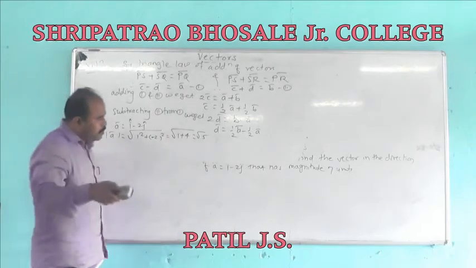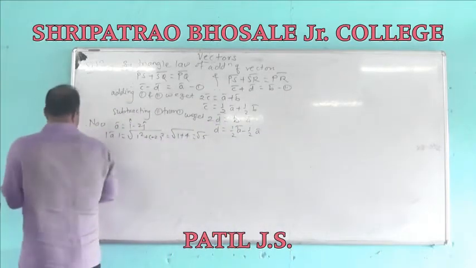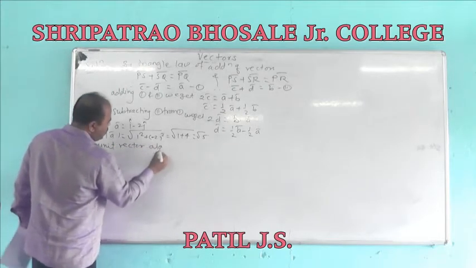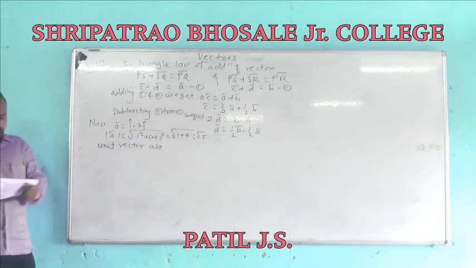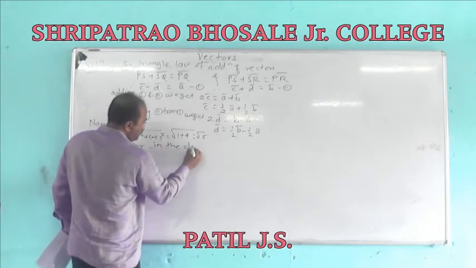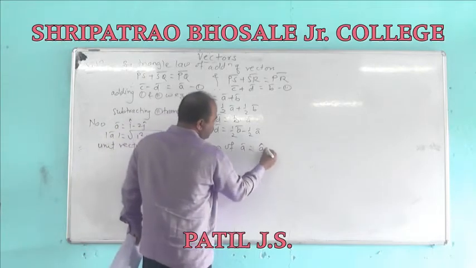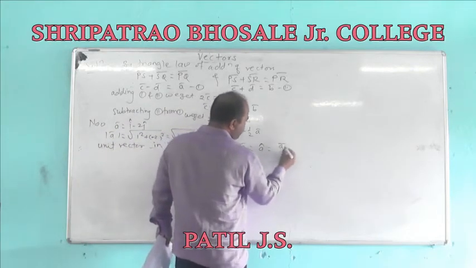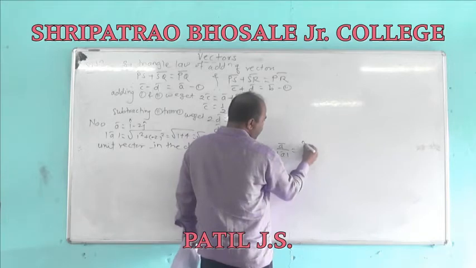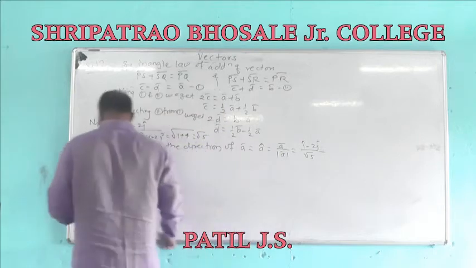Therefore the unit vector along the vector, next, the unit vector in the direction of A bar, A cap, is equal to A bar upon its magnitude, but A bar means i cap minus 2j cap. Its magnitude is equal to 5.